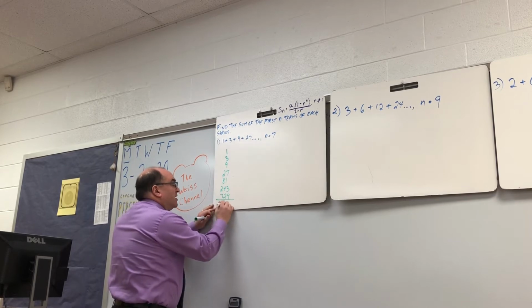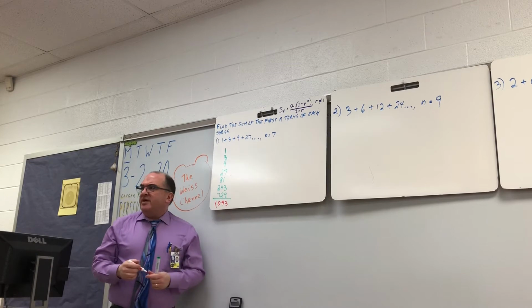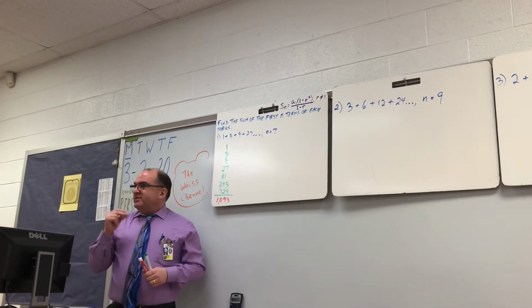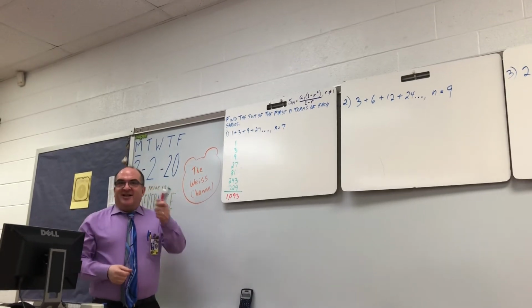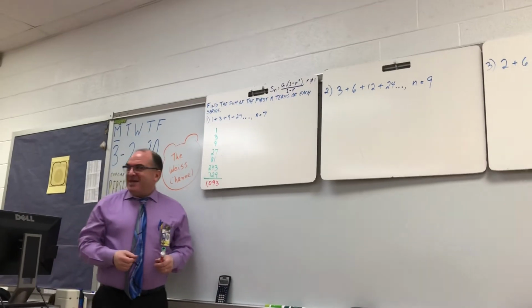Now, that seems a little annoying having to go through all that just to find that answer, doesn't it? Wouldn't it be nice if there was some kind of formula that could just take you right to the answer? There is a formula and it's right there at the top.